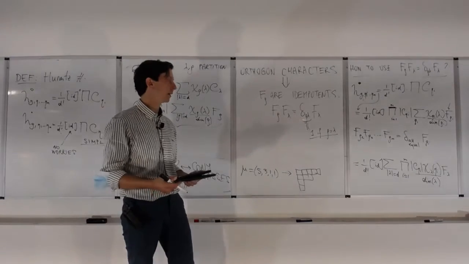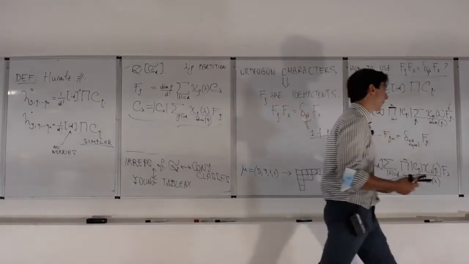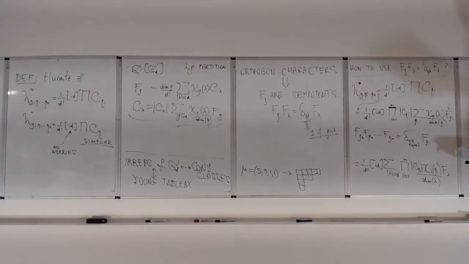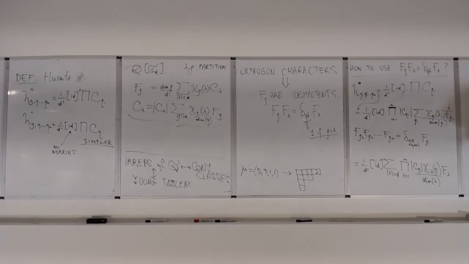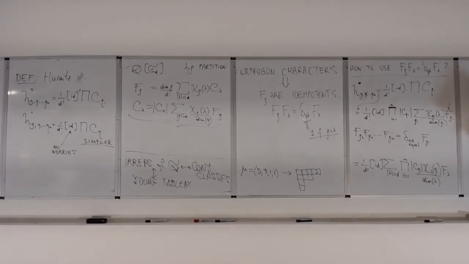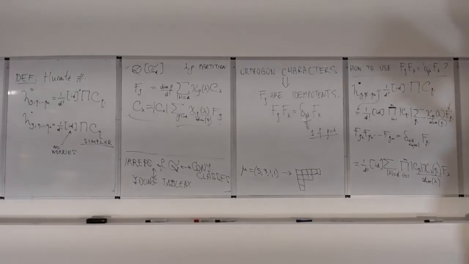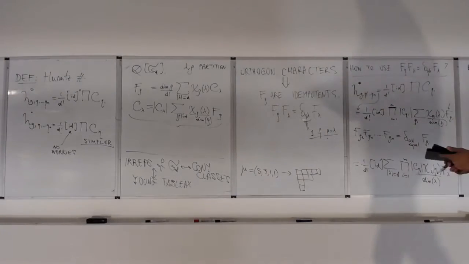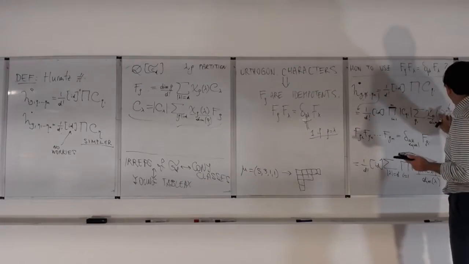So lambda is the new partition that I set everything equal to. Sorry, this was eta I.